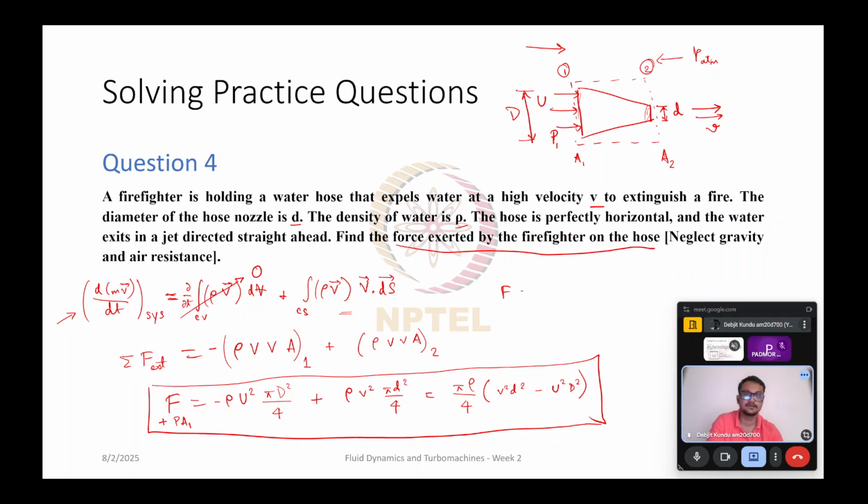So in that case, the force that we're looking for F would be equal to pi by 4 rho this difference v squared d squared minus u squared d squared minus P1 A1, let's call it P1, which is the pressure on the inlet side of the nozzle. So that pressure would actually help the firefighter. You know, firefighter would have to exert a lower amount of force to hold the hose steady. Right?